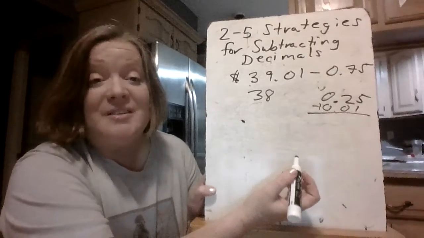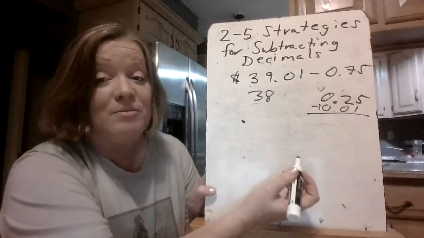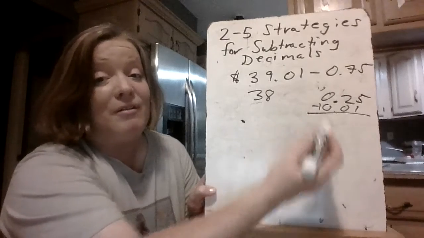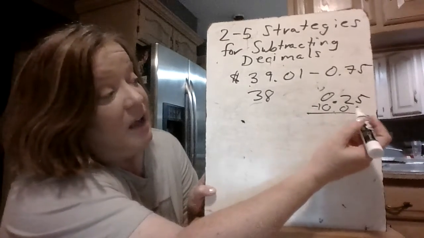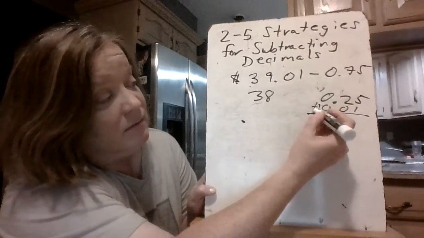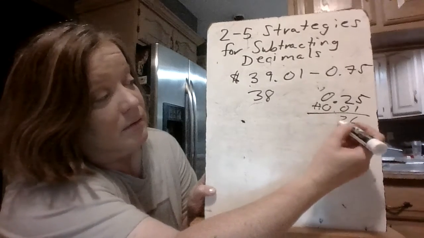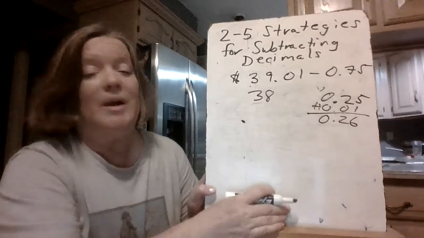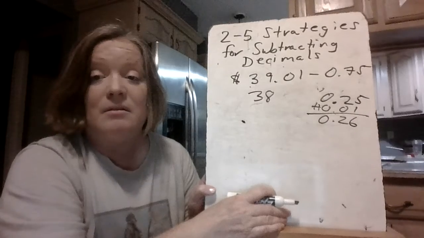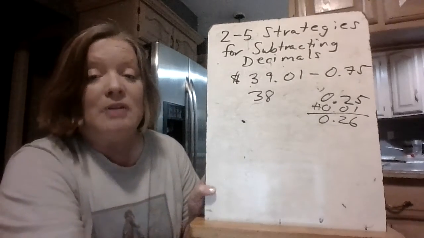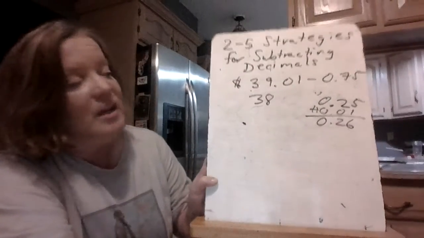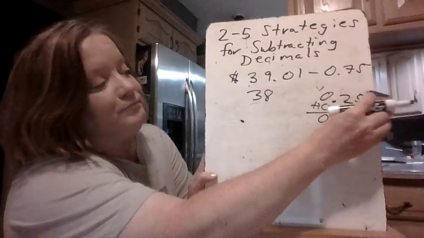So my difference, or my answer to the subtraction problem, is really $38. And if I add this together, 26 cents. Okay? But I just want to show that to you. But let's go and let's actually do it out.